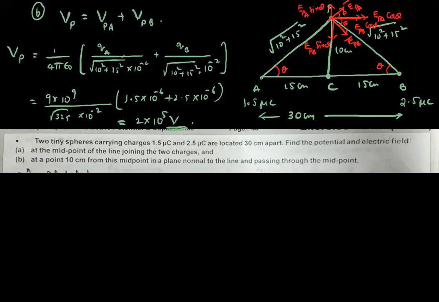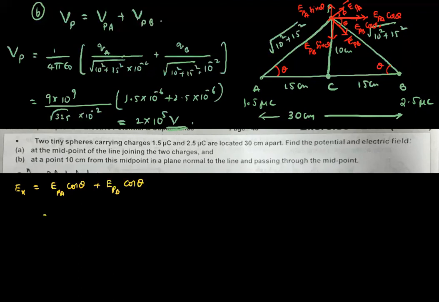Whenever you would like to find the net electric field at point P, we need to take the X component separately and the Y component separately. Then Ex I can write as EPA cos theta plus EPB cos theta.